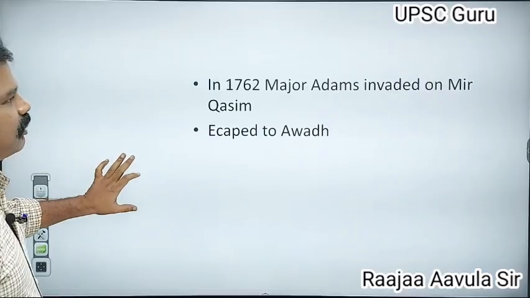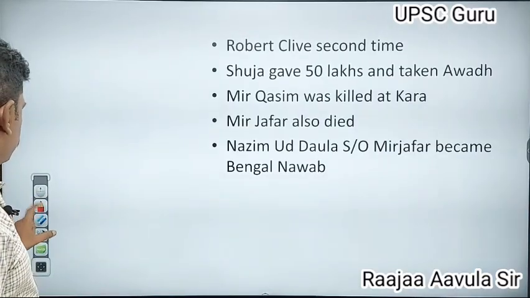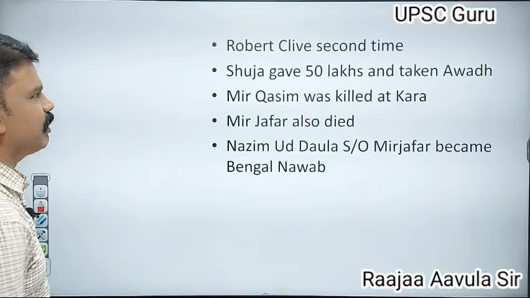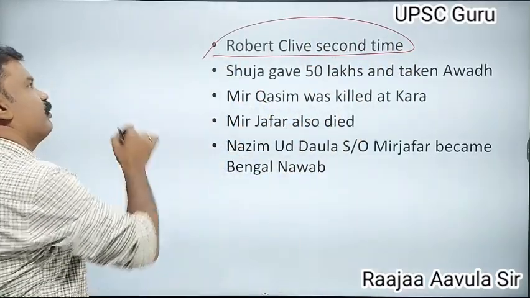1765, Treaty of Allahabad. Robert Clive came to India for the second time in 1765.